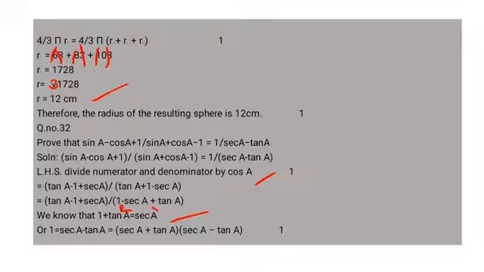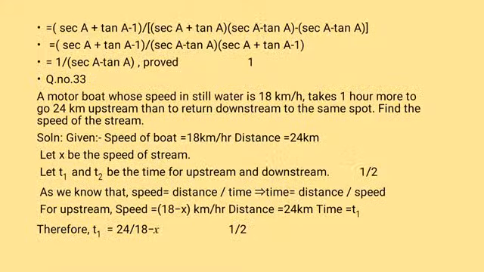We have squared both places. 1 is equal to (sec A plus tan A) into (sec A minus tan A), using the identity a plus b, a minus b. Sec A plus tan A minus 1 upon (sec A plus tan A) into (sec A minus tan A) minus (sec A minus tan A).